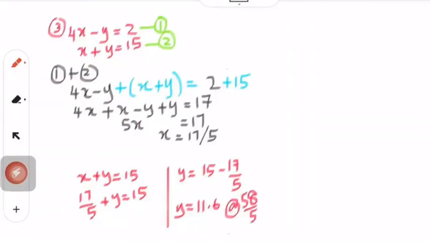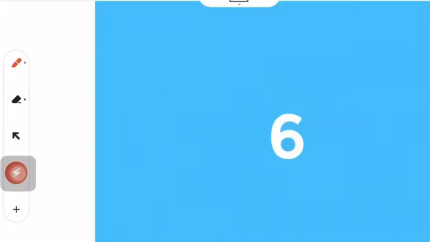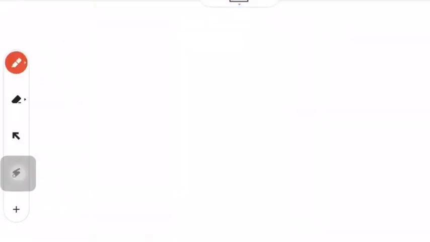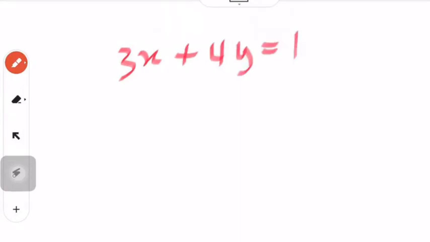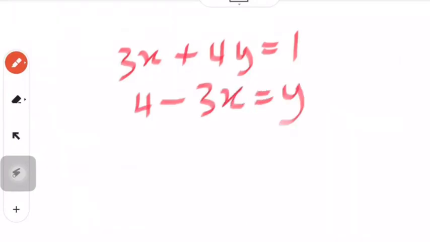Let me show you another example. Okay, let's say kalau you jumpa 3x plus 4y equals to 1, 4 minus 3x equals to y, kan? Kalau macam ni, ini x.